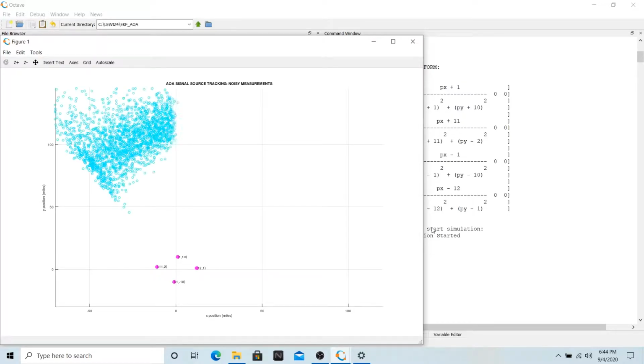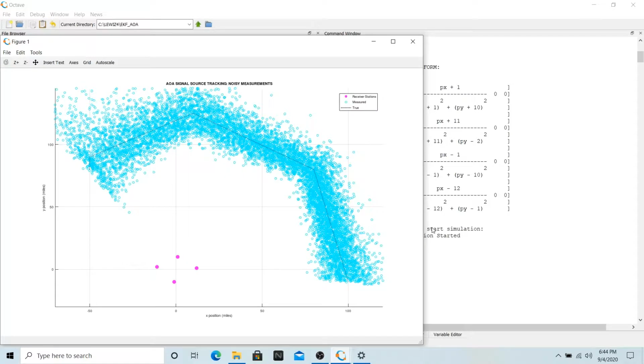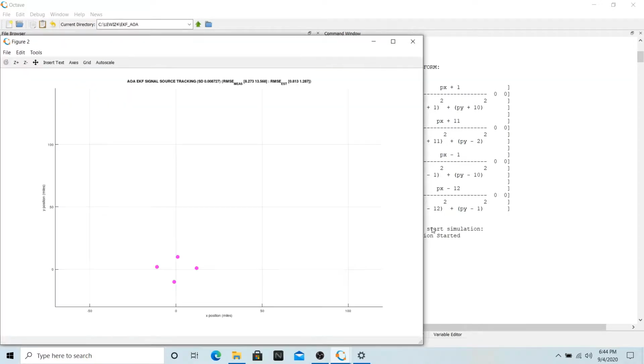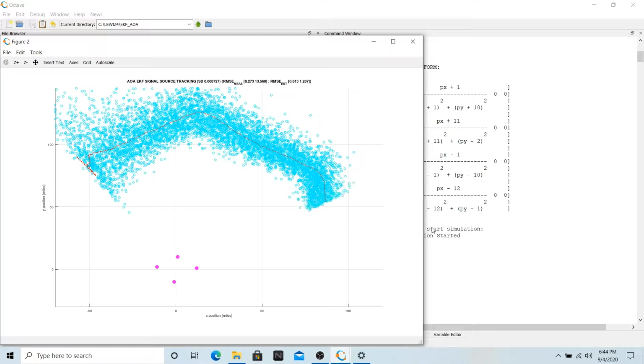Now first you can see the noisy measurements. And now we will take a look at the performance of the extended Kalman filter. As you can see, it is much more precise and accurate than the regular Kalman filter, given the amount of error in standard deviation remains the same.